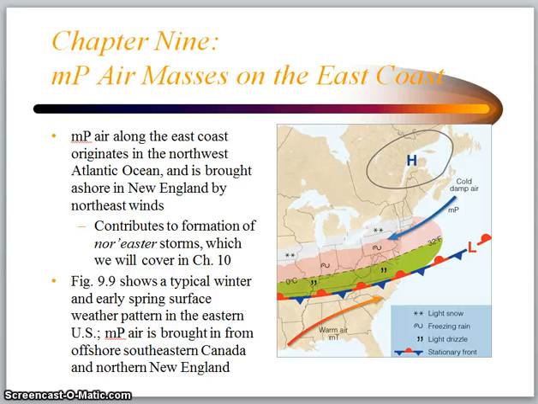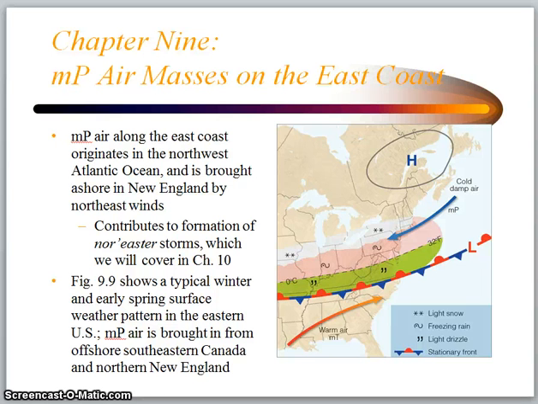Maritime polar air masses on the east coast are kind of rare because, as you learned in previous chapters, the winds above our heads in North America, called the westerlies, move from west to east, and that tends to push maritime polar air out over the Atlantic Ocean.